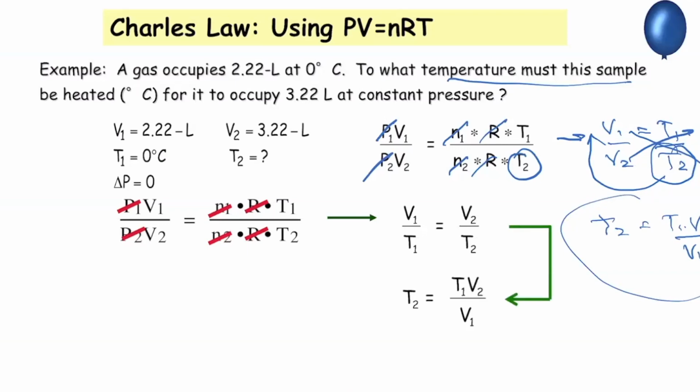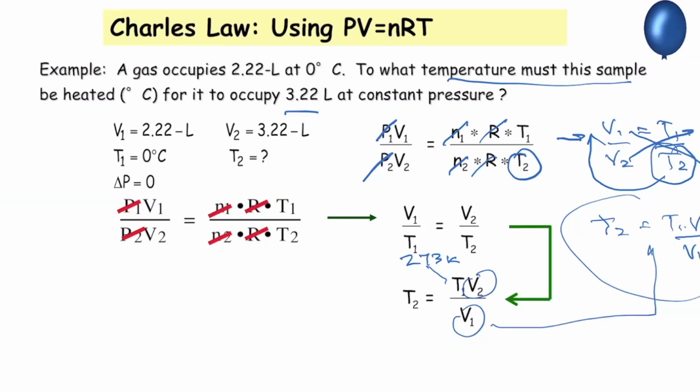This equation and this equation are the same. All you got to do now is plug in these values. This is 273 Kelvin, 0 degrees Celsius, 273. Always convert temperature. I can't say that enough times. I'm going to keep saying it because you guys are going to forget. Always convert temperature to Kelvin. V2 is the second one, 3.22, and V1 is 2.22.